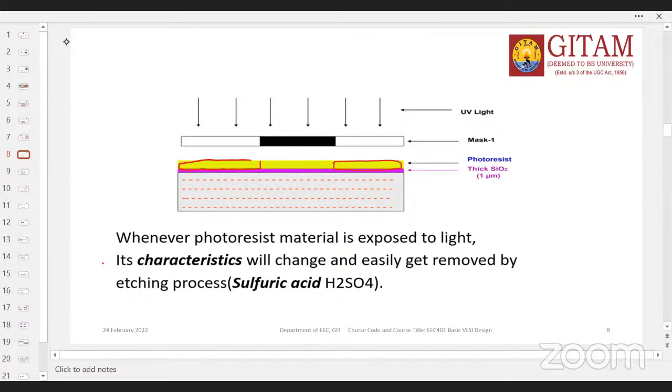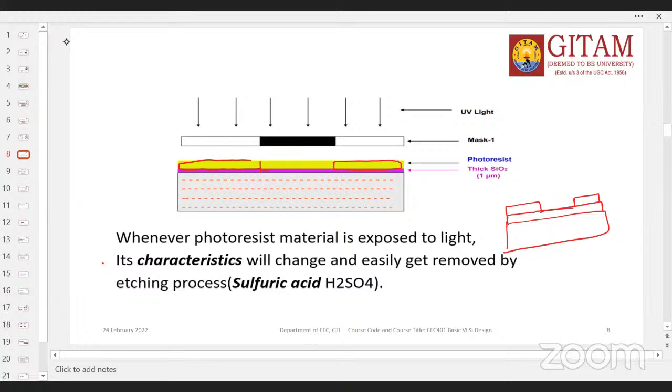Now this particular portion is vacant. You can observe here, I have a field oxide, and on top of it I am using the photoresist material. The middle part I am able to remove by using the etching process because it is very smooth.